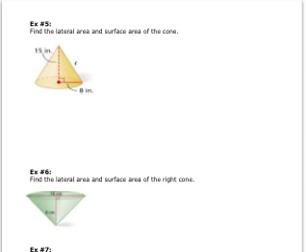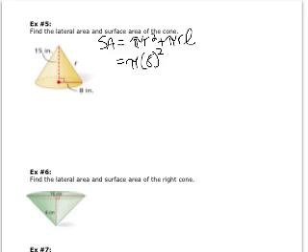Next one, find lateral and surface area of the cone. So I usually start with surface area, pi r squared plus pi r l. So I have radius, so I've got pi times 8 squared plus pi times 8.